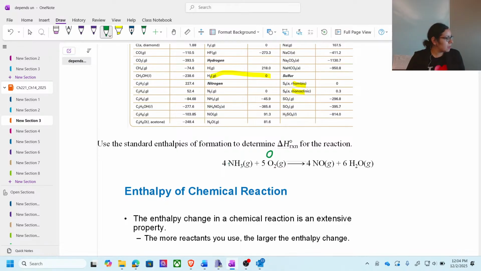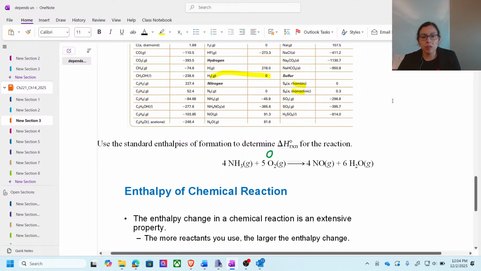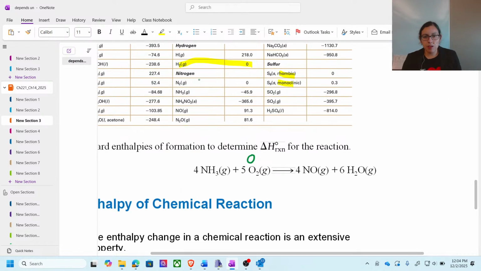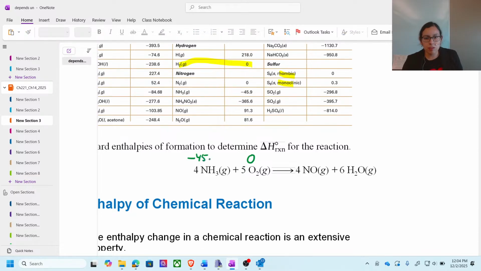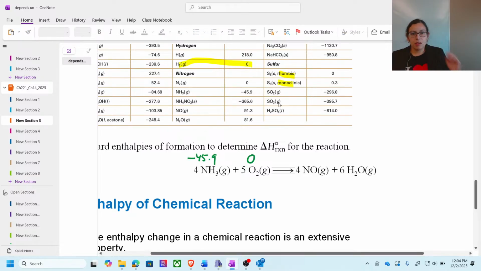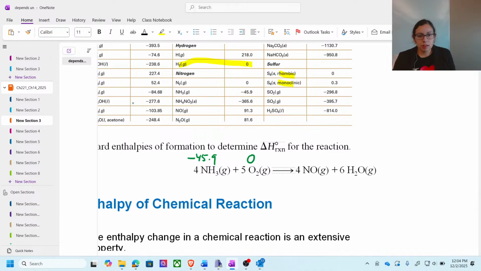Did we get ammonia? What do we find for that one? Negative 45.9, right there on the chart and in the correct state, so that looks good. And then NO, it looks like it's 91.3, again in our gas state.